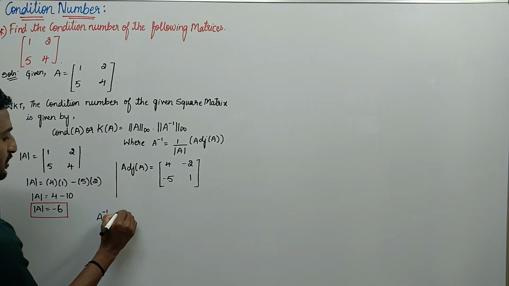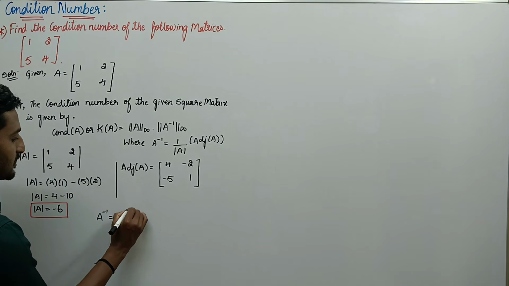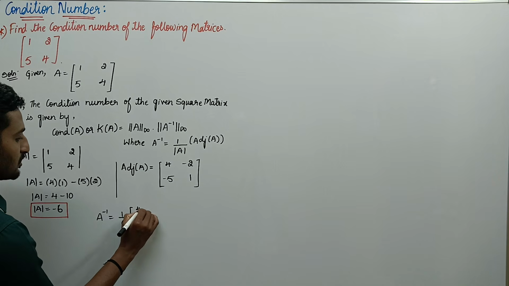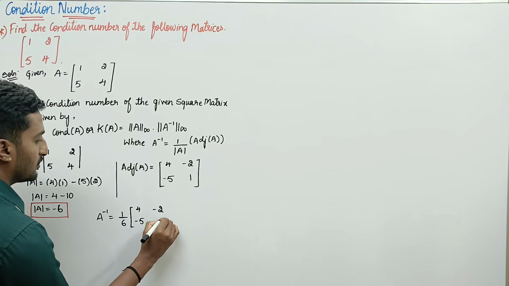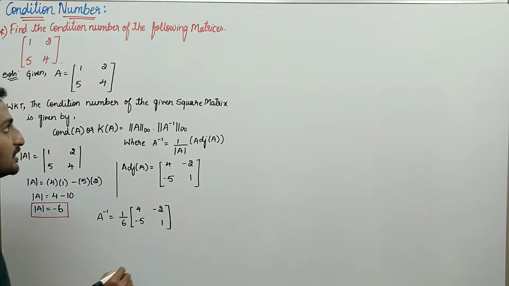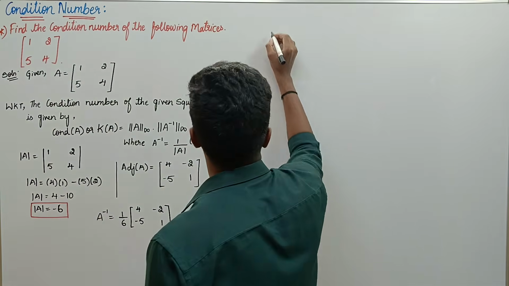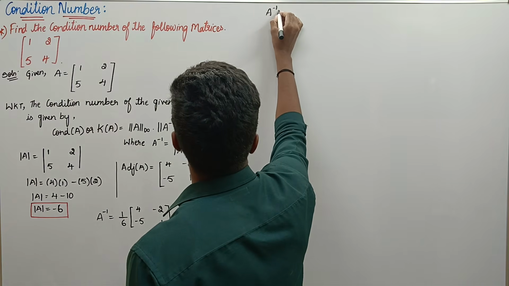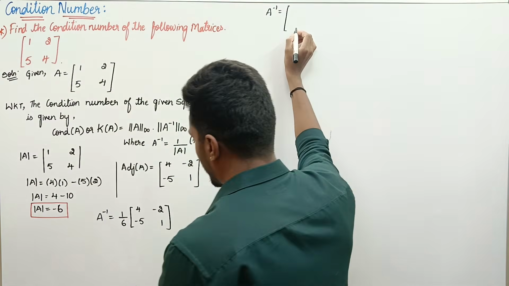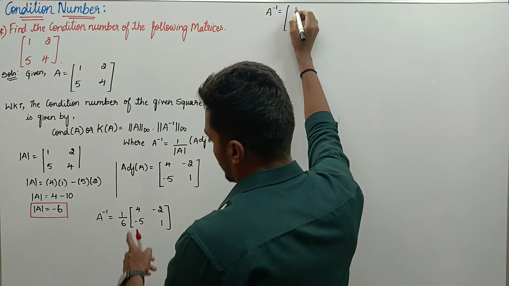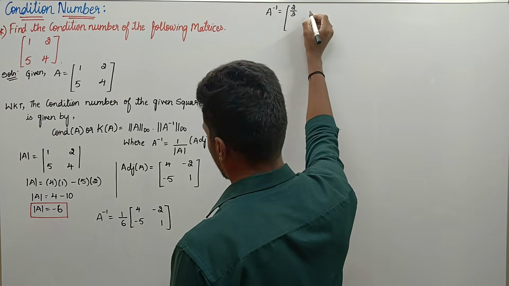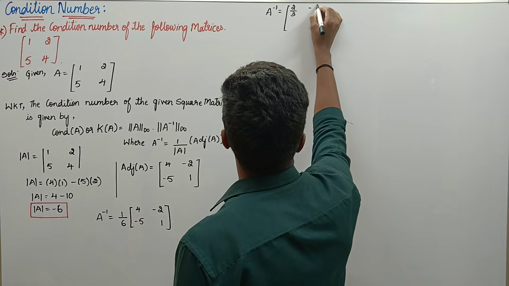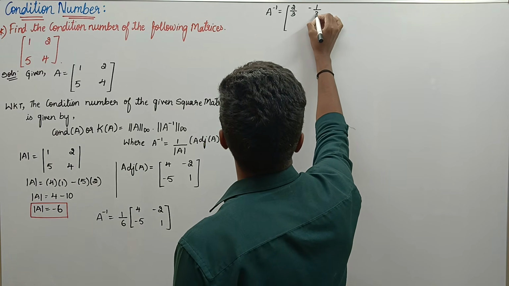A inverse is equal to 1 by 6 into the matrix 4, minus 2, minus 5, 1. You can represent it as 4 by 6, which is 2 by 3, next minus 1 by 3.